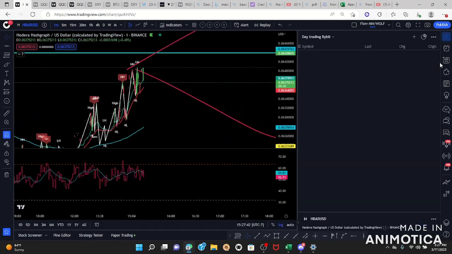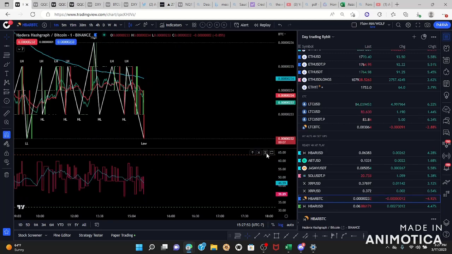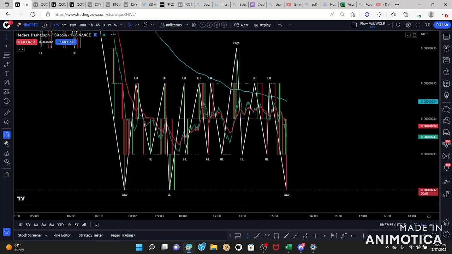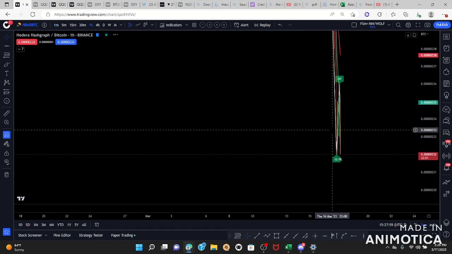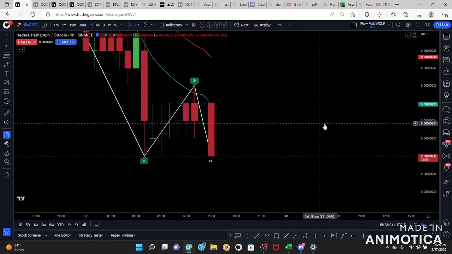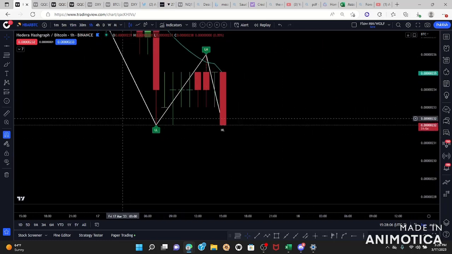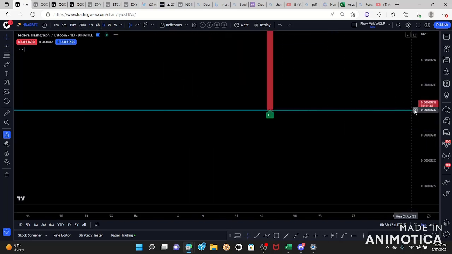Another thing, sorry, I don't want to make this video so long, is consider looking at the Hbar BTC pair when you're trading it. Any kind of altcoin that you're seeing, consider using the BTC pair. It shows the strength, and as you can see right here, this is your strength for the pair. We're about to break the previous lows.